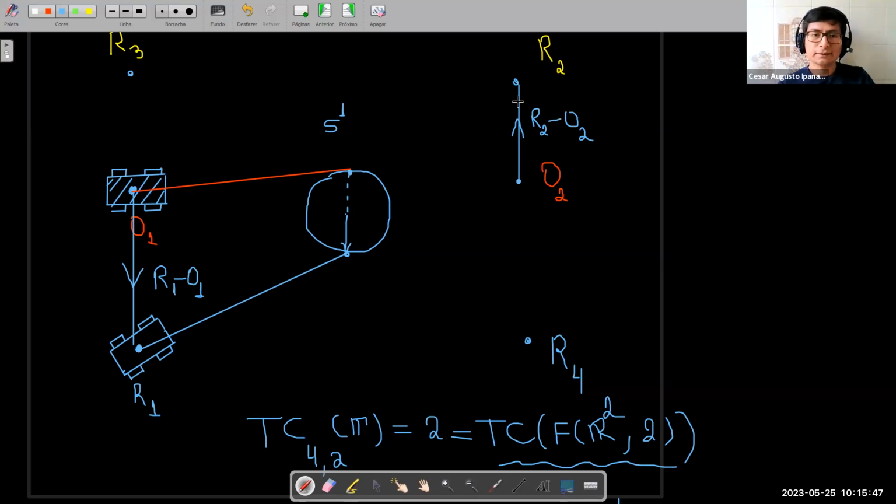The normalization gives me this point here, and we consider also the antipode.